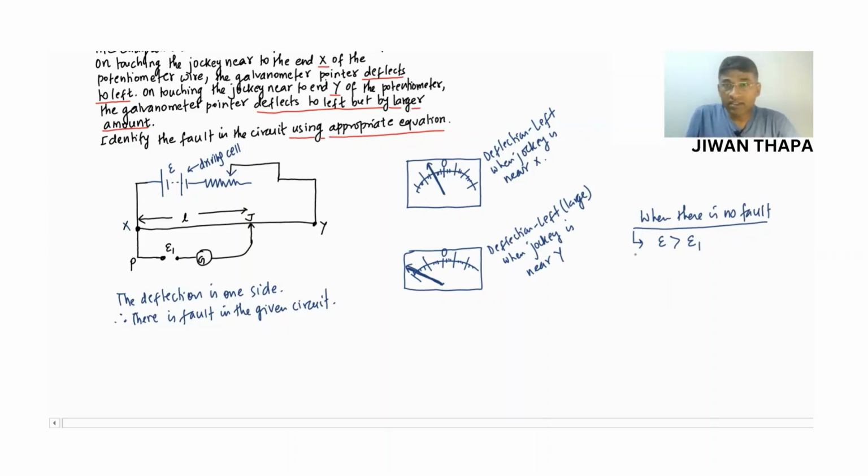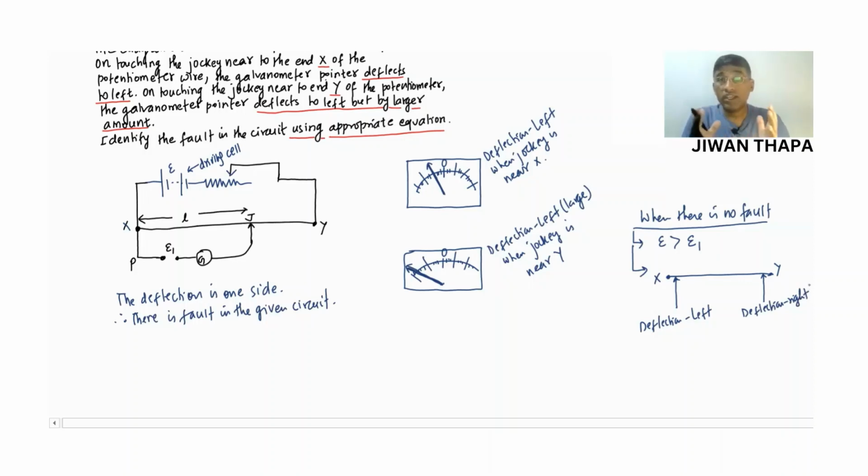Next, on keeping jockey, okay, near end X, if the deflection is towards, let's say, left, then on keeping jockey near end Y, so when we move jockey from X to Y, okay, then the deflection must be opposite, that is towards right.